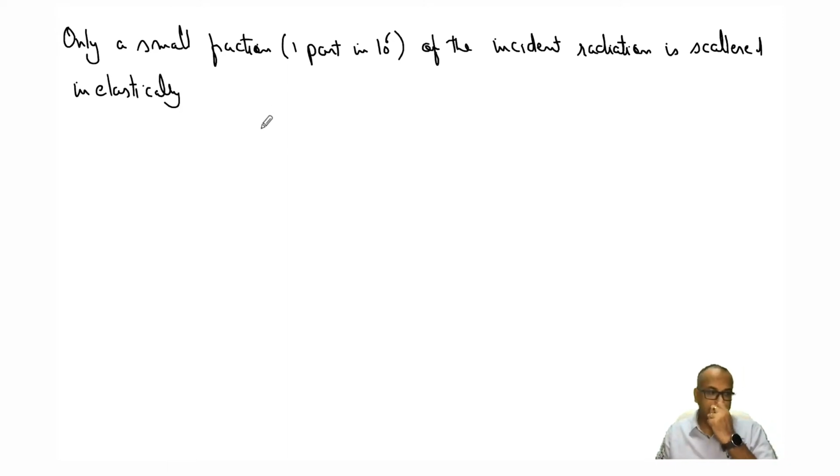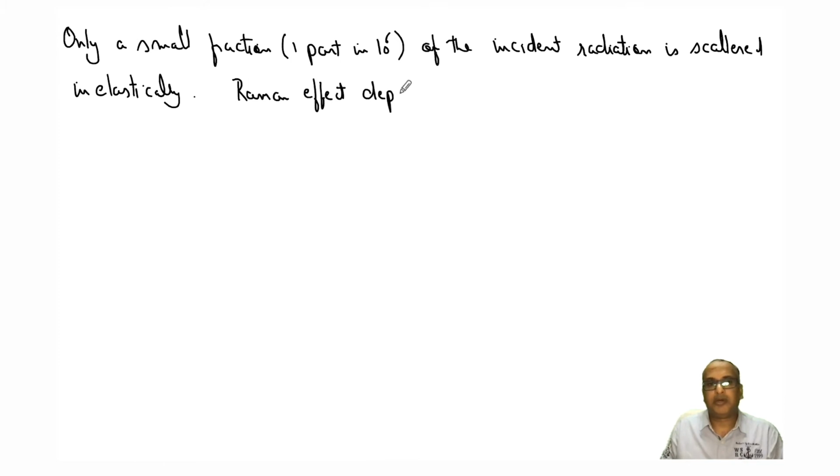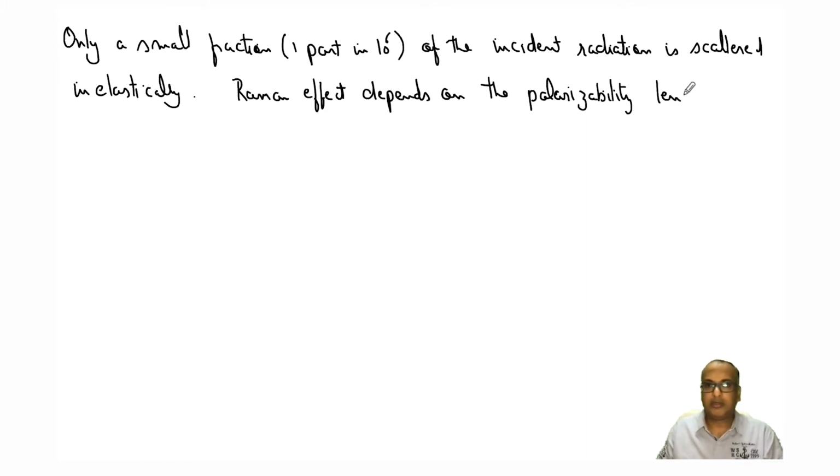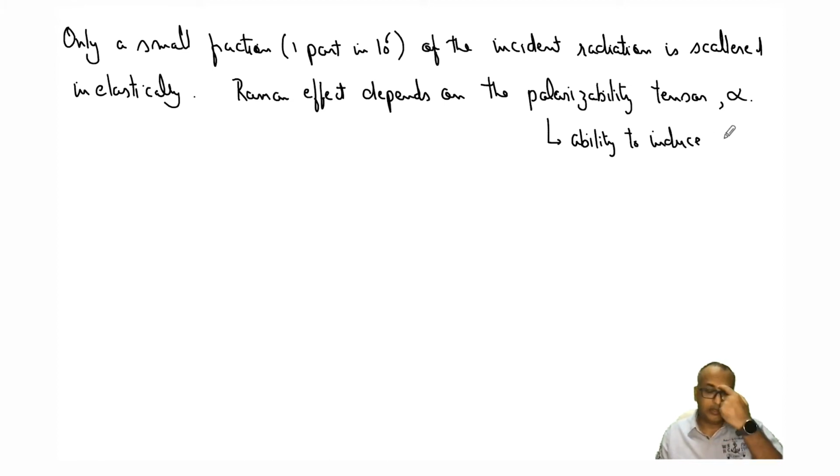So why is that? That is because the Raman effect depends on something called the polarizability tensor, which is denoted by the term alpha. So now what is the polarizability tensor? It is basically the ability to induce dipoles.